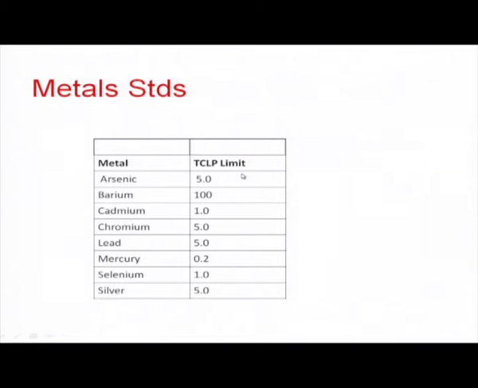The moment it exceeds this value, for arsenic it is 5 ppm, barium 100 ppm, barium is also hazardous, cadmium 1, chromium 5, lead 5, mercury 0.2, selenium 1 and silver 5. So, all these are metals which are considered as toxic, and after the end of the TCLP test, if any hazardous waste has a value above this, definitely that waste is not fit for landfill.